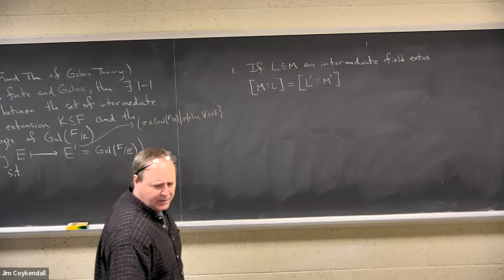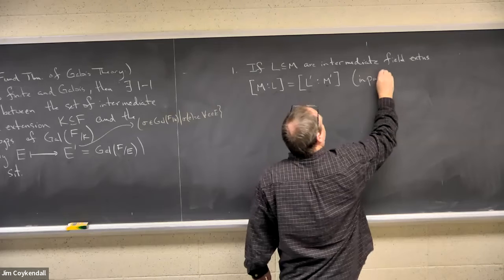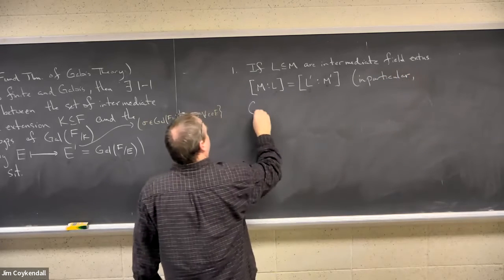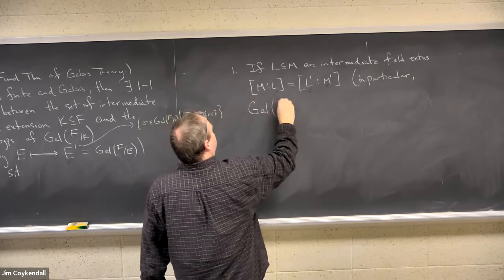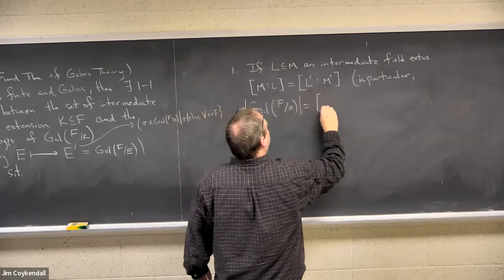So in particular, the order of the Galois group of F over K is equal to the degree of the extension.